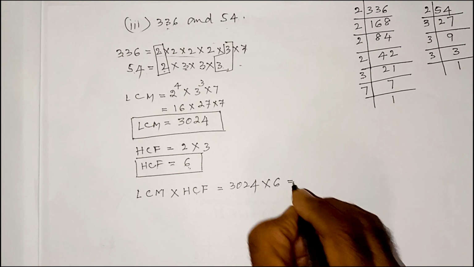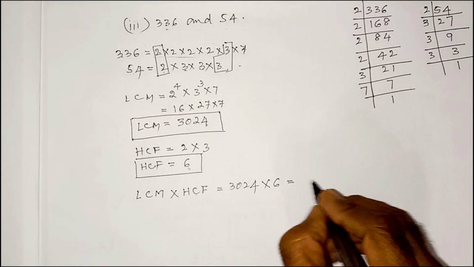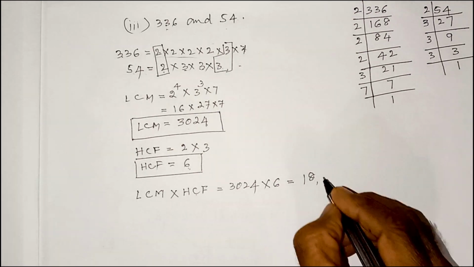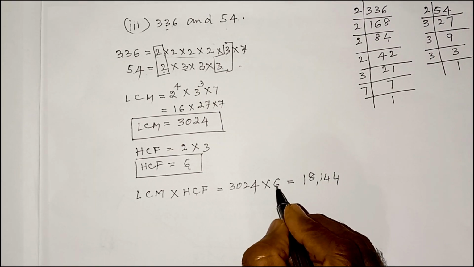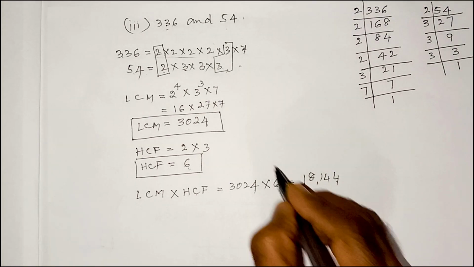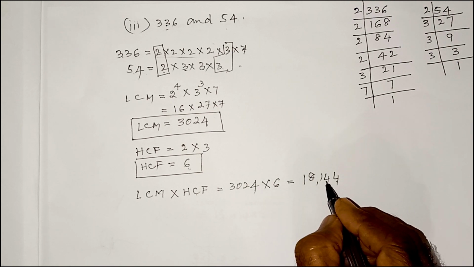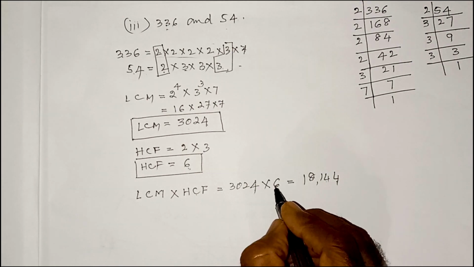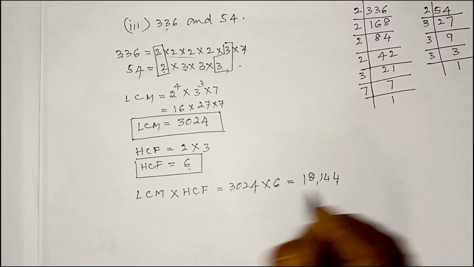If you multiply, you get 18,144. You try this. 6 into 4 is 24. Left with 2. 6 into 2 is 12, plus 2 is 14. Left with 1. 6 into 0 is 0, plus 1 is 1. Then 6 into 3 is 18. That's how you got this number.